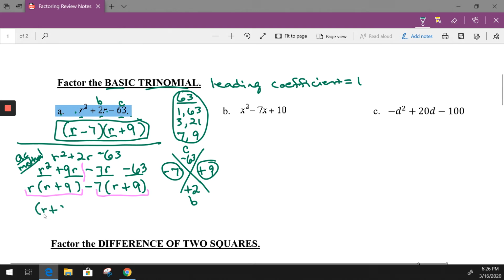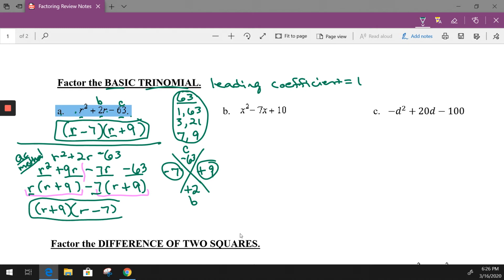So I'm taking out the factor of r plus 9 from both groups. And then the r minus 7 is what's left. And if you notice, this answer is exactly the same as we had up here earlier, but we had these additional extra steps that take a lot of time.